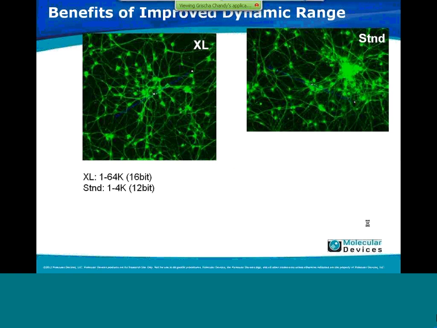Additionally, the system uses a scientific CMOS as a detector, and that improves the dynamic range of your images and helps with some assays. On the left, you have an image captured with the XL. On the right, you have the image captured with the standard.